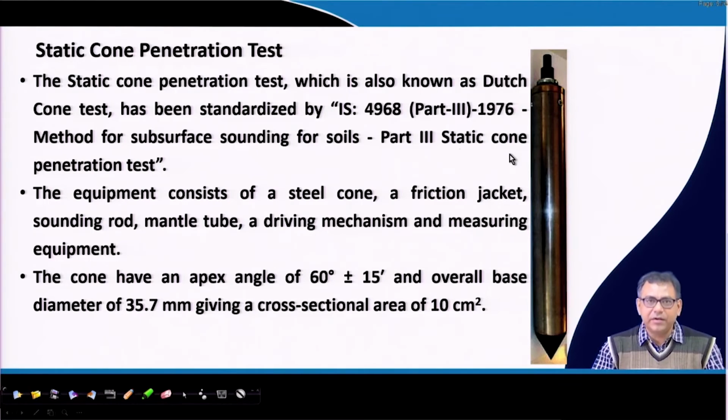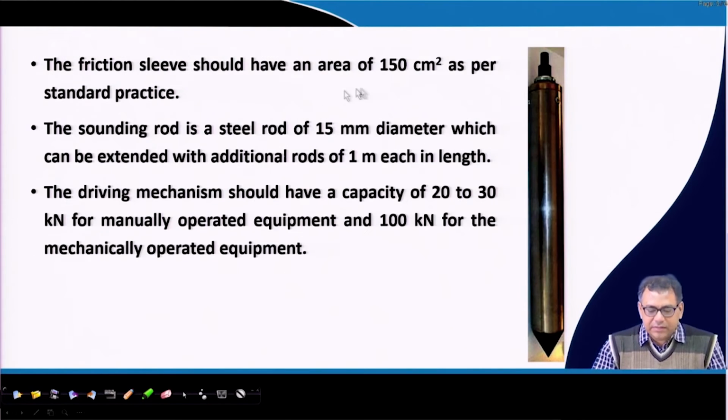The equipment used here are the steel cone, friction jacket, sounding rod, and driving mechanism and measuring equipment. The cone angle is 60 degrees plus or minus 15 minutes, and the overall base diameter is 35.7 millimeter with a cross section of 10 square centimeter. And the friction jacket, or friction sleeve, has an outside area of 150 square centimeter.